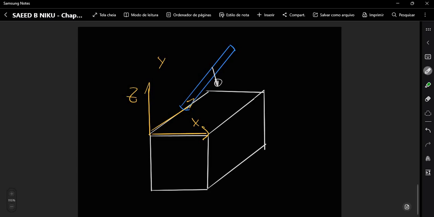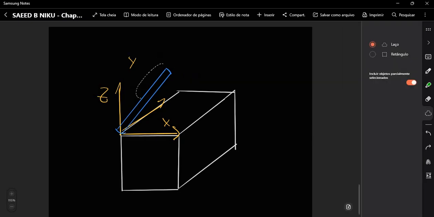So this type of robot is already enough to do this type of task. But let's say it is a more complex task, in which we need this robot to change its angle. And right here, we are not working with angles. And this, again, depends on the application of this robot. So if it is just a task of pick and place, this type of robot is already meeting our requirements.